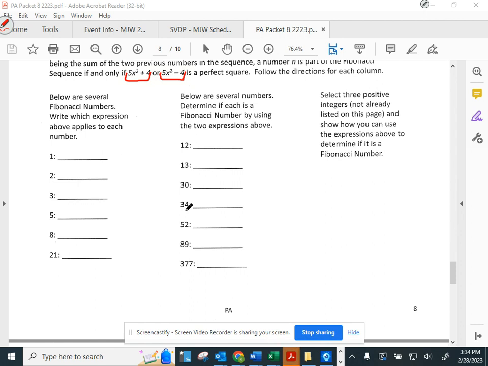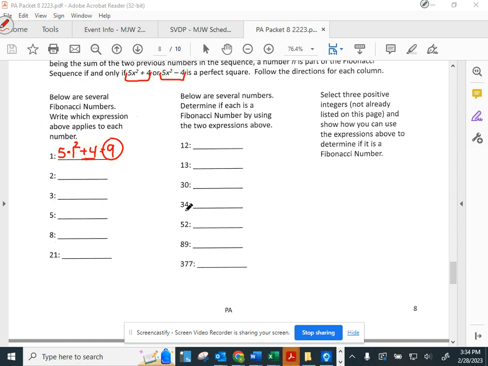So I'm going to take the 1, and plug it in for x. So I'm going to do 5 times 1 squared, plus 4. So 1 squared is 1, times 5 is 5, plus 4 equals 9. 9 is a perfect square. So I know that the plus 4 will give me a perfect square.